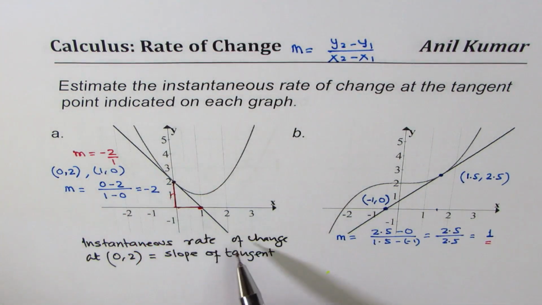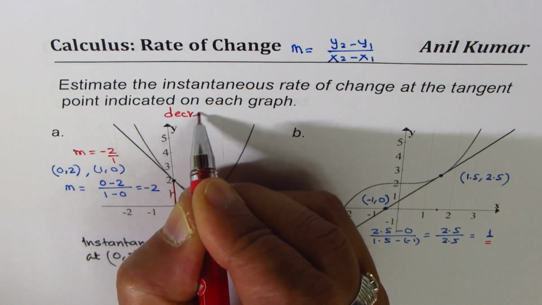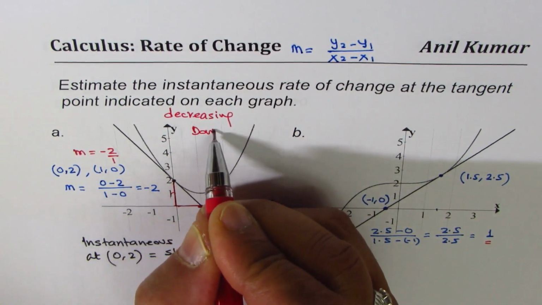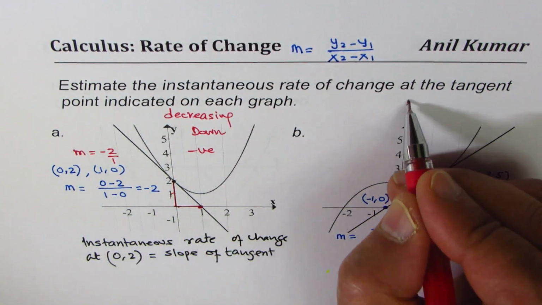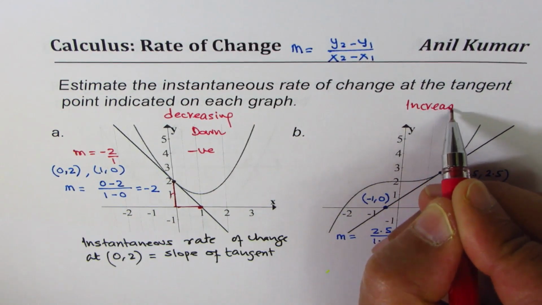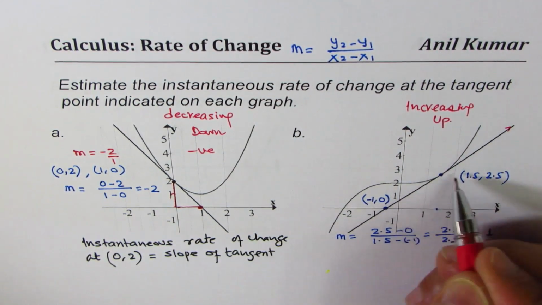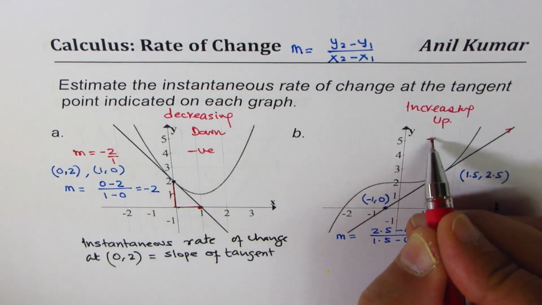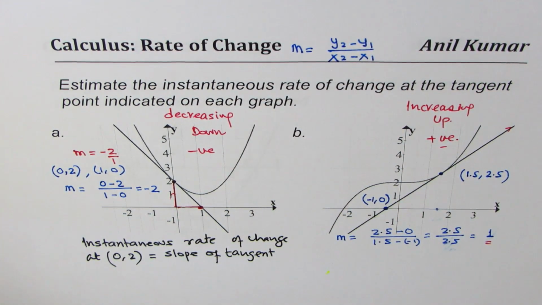If the line is going downwards, if it is decreasing, then the slope is negative. If it is increasing or going up, as in this case, if you see from left to right, then the instantaneous rate of change is positive. That's very important to understand from these figures.